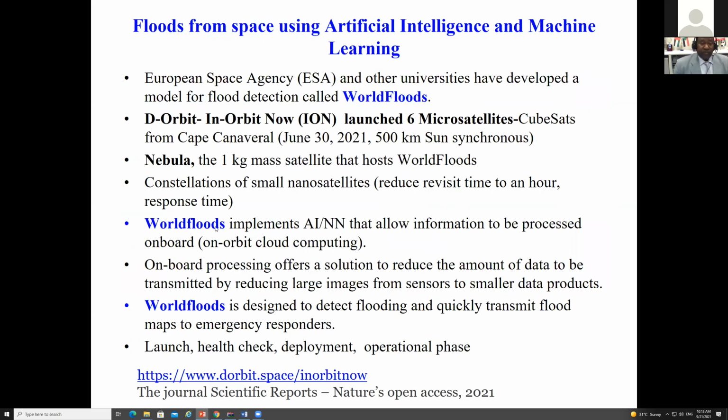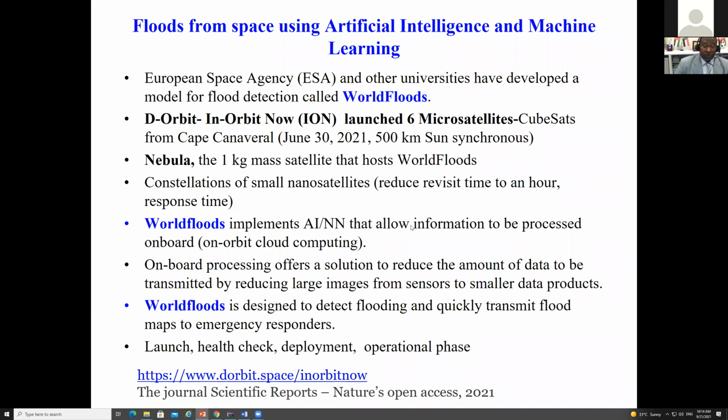Also nowadays, they move to the use of artificial intelligence and machine learning. There is a special mission by the European Space Agency and many other universities. They developed a model they call WorldFloods. It was launched just on June 30, on 6 macro satellites, and one of them carries this model.